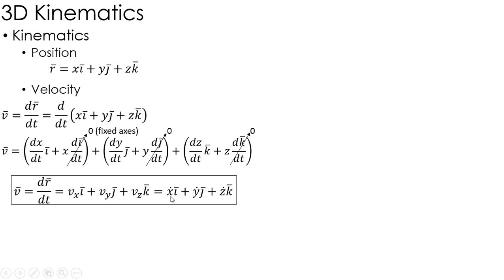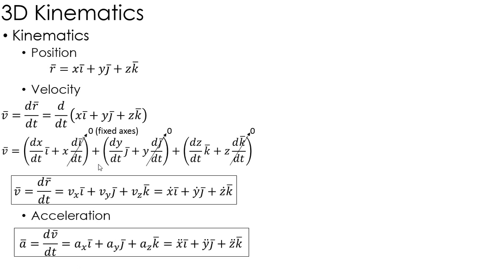If you see a dot over a variable, that means a time derivative, a first order derivative with respect to time. So x dot is the same as dx/dt, y dot is dy/dt, and z dot is dz/dt. Okay, so that's the velocity for rectangular coordinates. Again, fixed coordinate system, so it's just the time derivative in each of the directions.